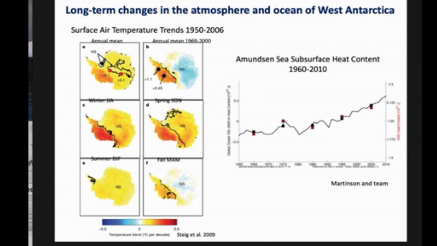And if you look into the ocean, this graph is the global ocean 700 to 2,000 meters subsurface heat content average. You see this line going up from the 1960s to 2010.